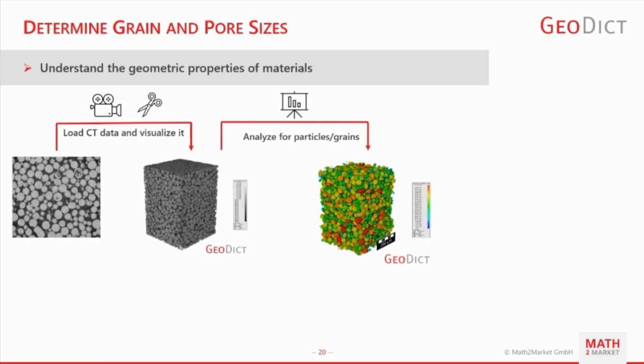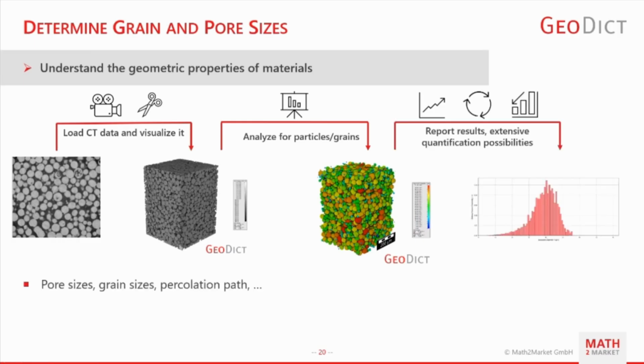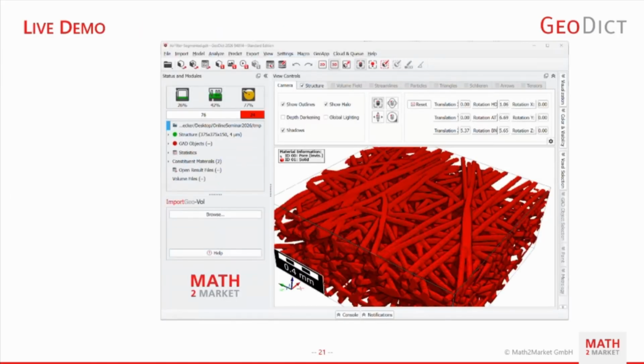And now for this sample of powder, with the GeoDict GrainFind module it will be possible to separate the particles and analyze the particle size distribution. So we get a size distribution of the particles, and you can compute, of course, pore sizes, grain sizes, and so on. And I will now show how to do this.